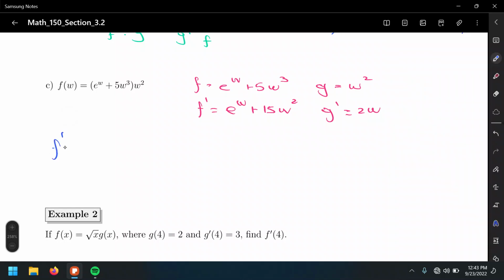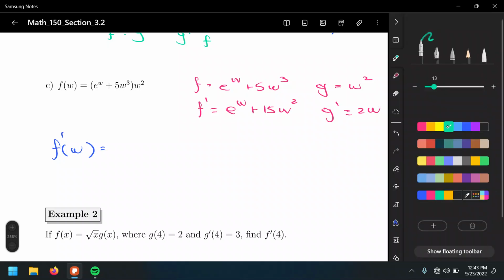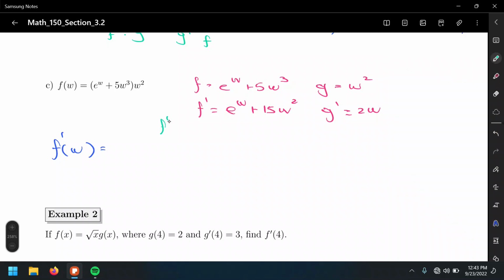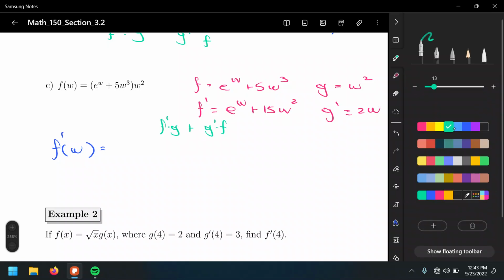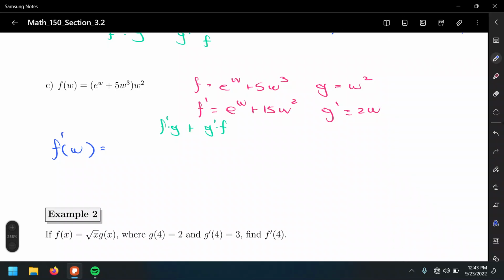That's f prime. So again, let me go with the formula again. F prime g plus g prime f. So the derivative of f, which is e to the w plus 15w squared, times g, which is w squared.